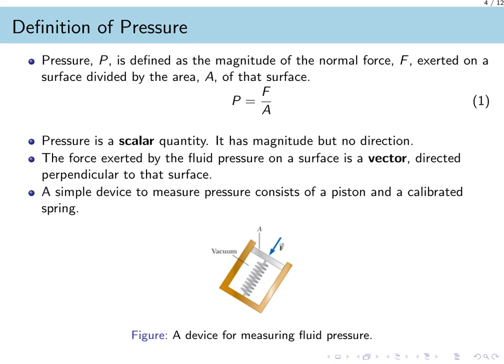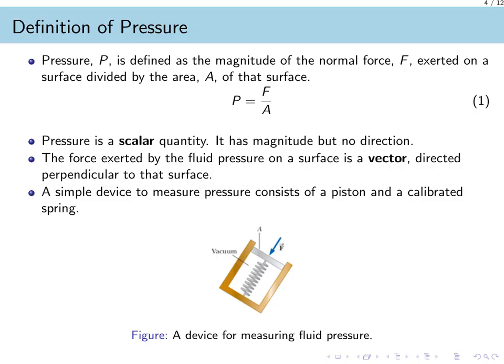Let us now formally define pressure, which is the key quantity for understanding how static fluids exert forces. Pressure, represented by the capital letter P, is defined as the magnitude of the force acting perpendicular to a surface, divided by the area of that surface. This gives us the equation P equals F divided by A. A crucial point to understand is the distinction between pressure and force.